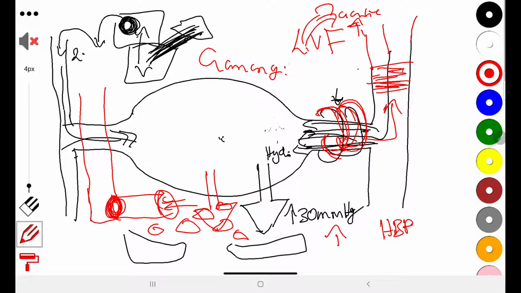So in Ganong, I need you to read about pulmonary edema. Is it because of left ventricular failure or right ventricular failure, and how does it really get to the pulmonary component being the one having edema rather than the systemic, which we've just been talking about.